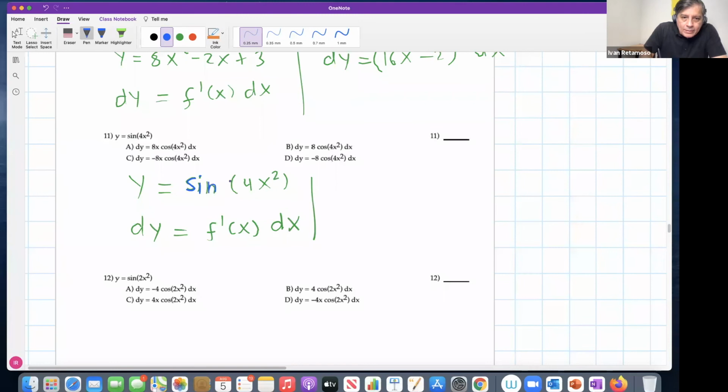It's a composite function: sine is the outside function, 4x squared the inside function. So we say dy, the differential of y, equals the derivative of our outside function, sine, which is cosine. Cosine of what? Of the inside function, right? That's what the chain rule says, times the derivative of the inside function.